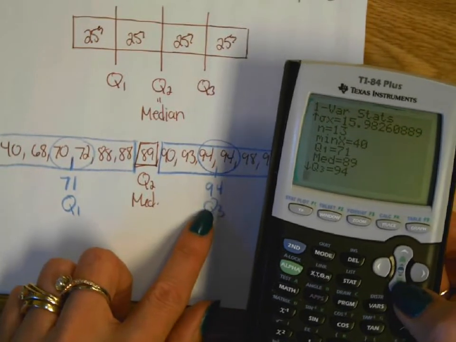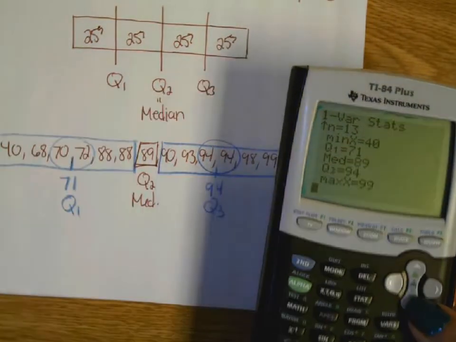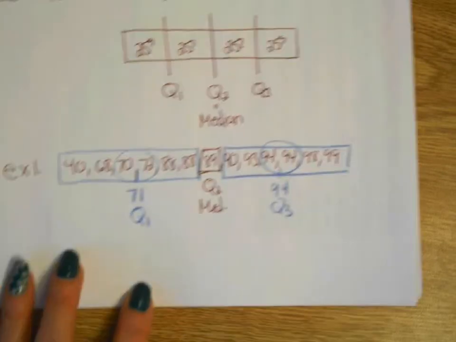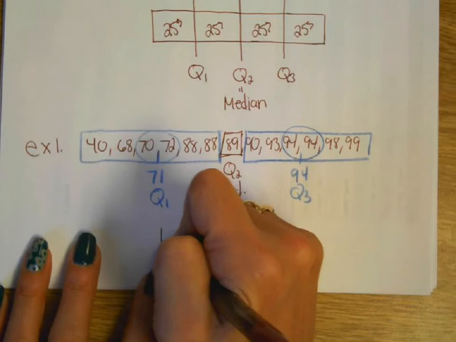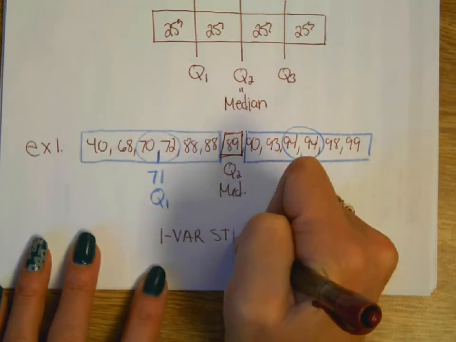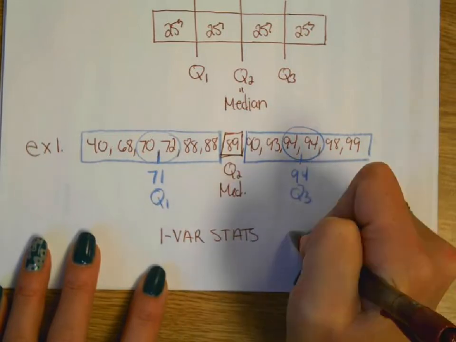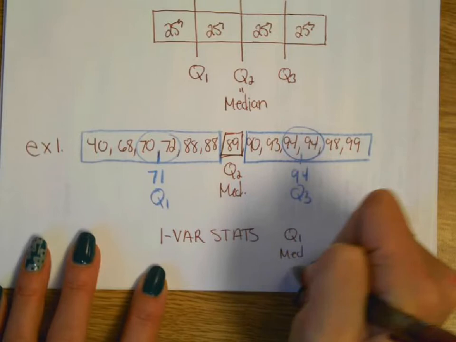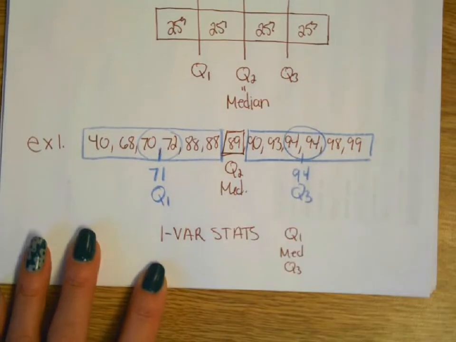Quartile 3, 94. So that's all built in. Kind of nice. So the quartiles can be found under 1-var stats. We want Q1, median, and Q3.